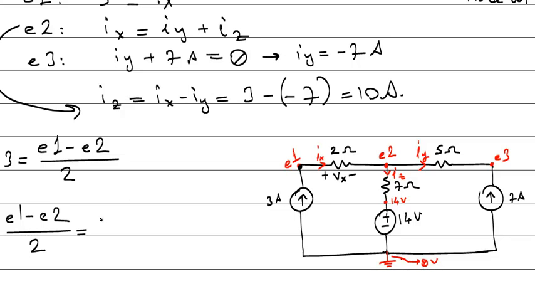Iy is E2 minus E3, positive side minus negative side, divided by 5, plus Iz, E2 minus 14 divided by 7. Iz is this. This point is E2, this point is 14 volts, there is a voltage source here, divided by 7.